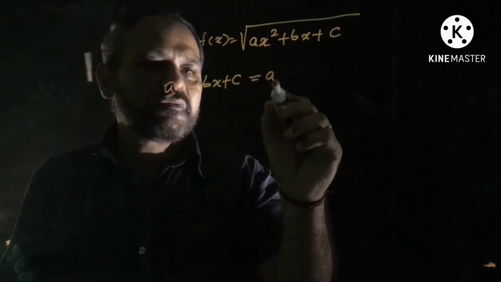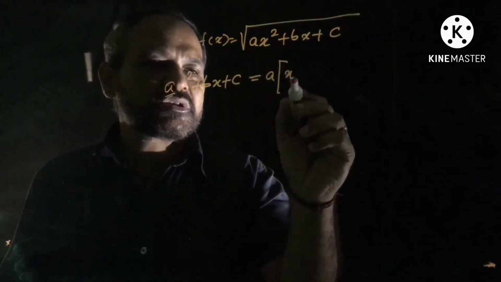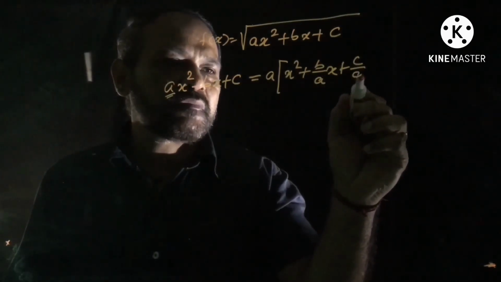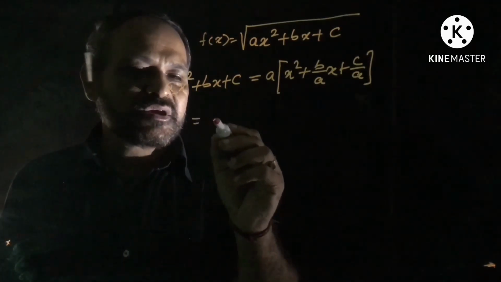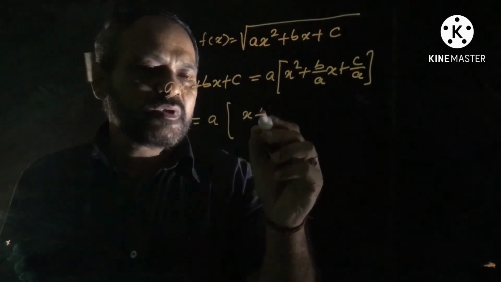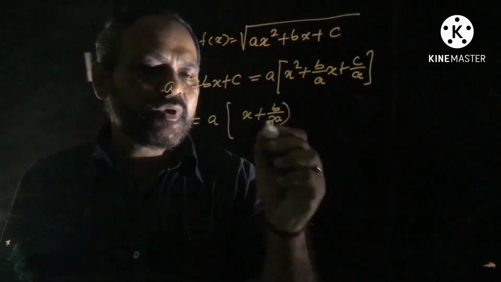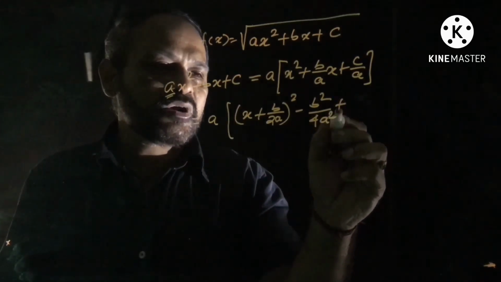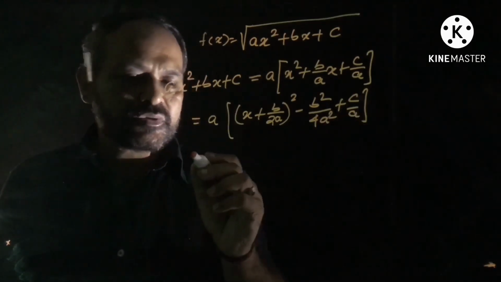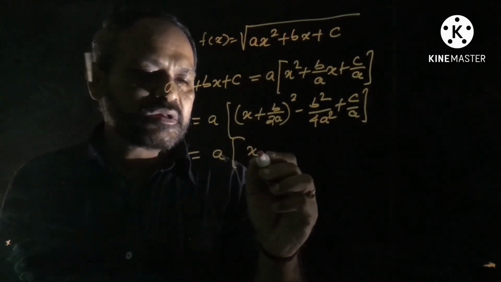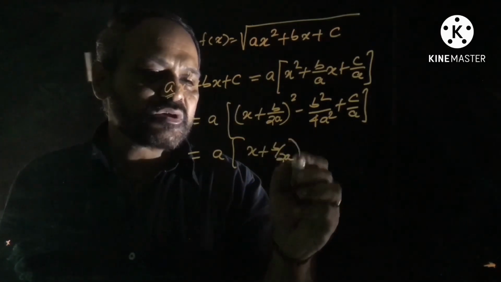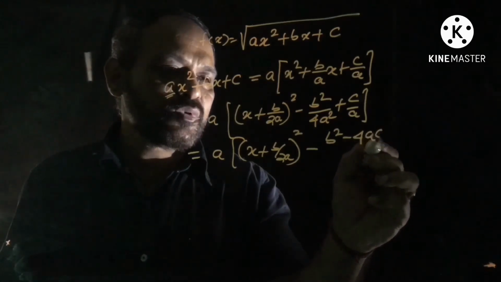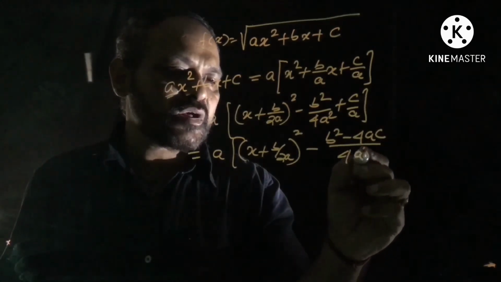So, take out common a, that is equal to a into x square plus b by a x plus c by a. We can write this as a into square of x plus b by 2a, minus b square by 4a square, plus c by a, which is equal to a into x plus b by 2a whole square minus b square minus 4ac by 4a square.